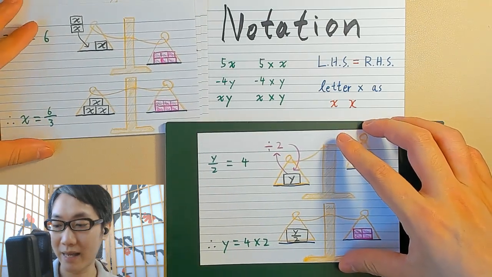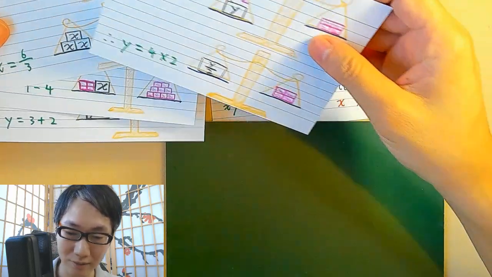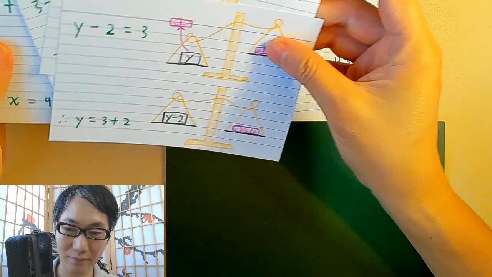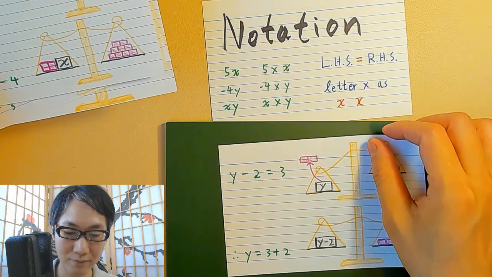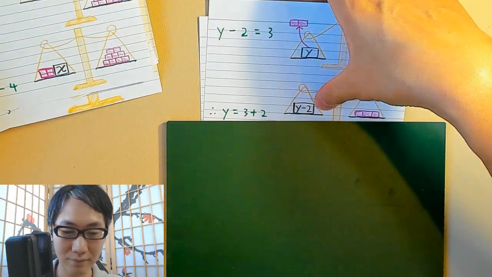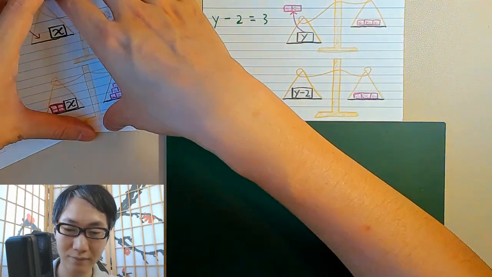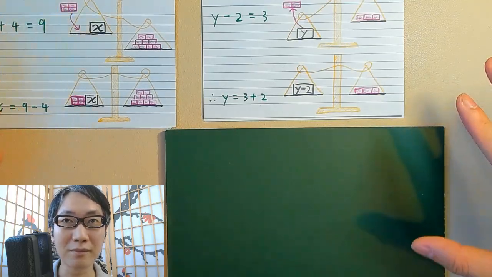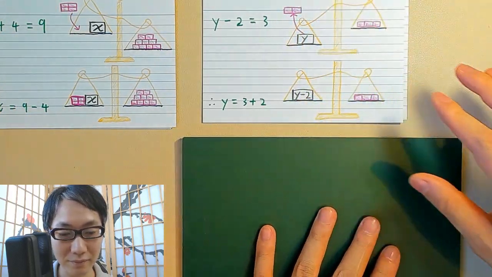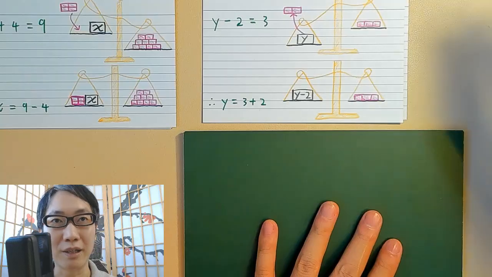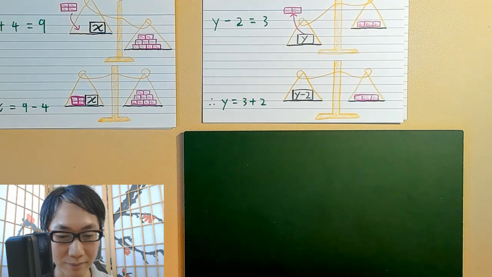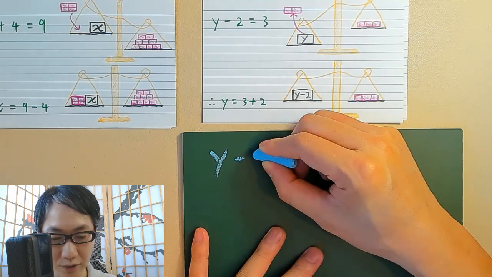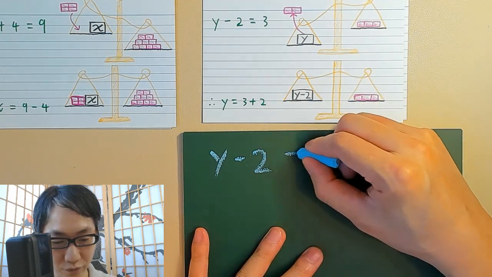So another way to look at this is to do it on paper. So let's say we have y minus 2 is equal to 3.